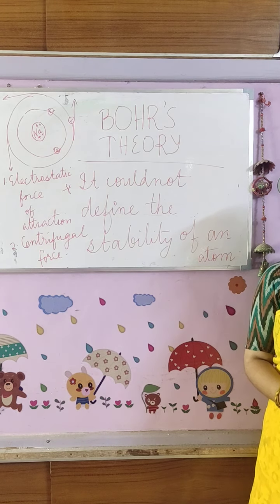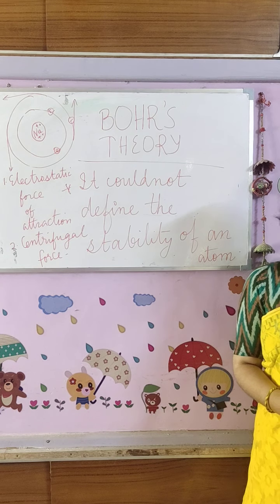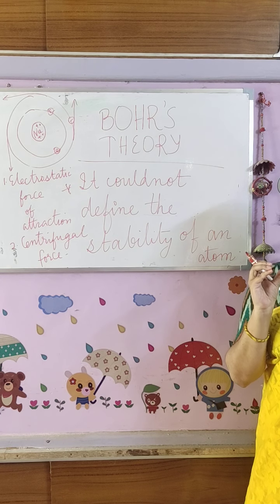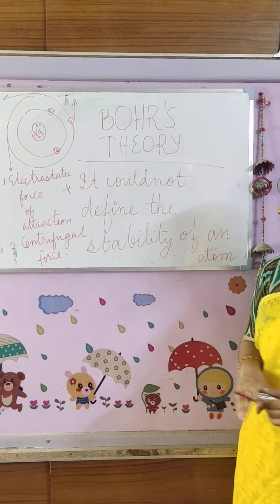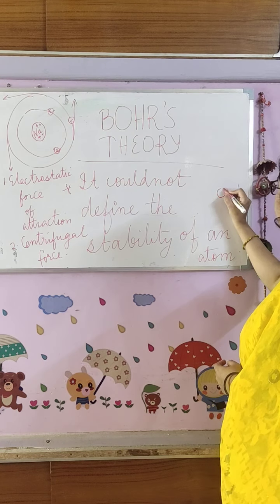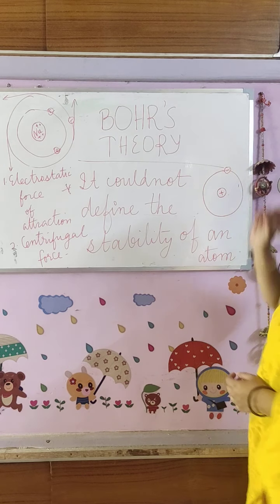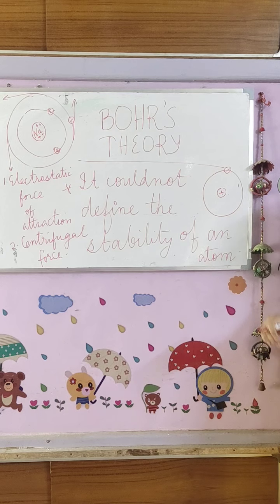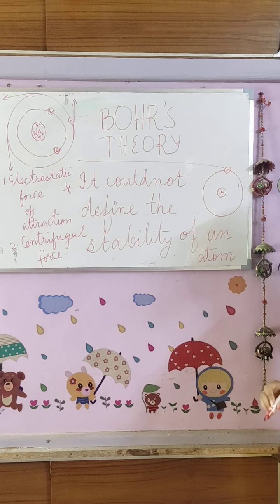But again, by a theory of physics, that is the theory of electrodynamics, it states that any charged particle, if it is in constant motion, must lose some amount of energy. So you see, inside there is a nucleus and the electron is a charged particle, and it is in constant motion. So according to the theory of electrodynamics, this electron should constantly lose energy.